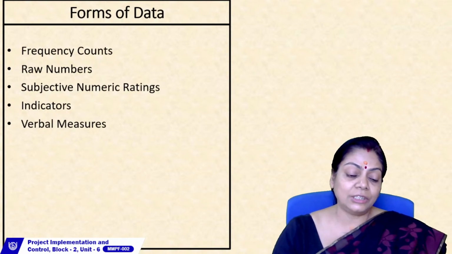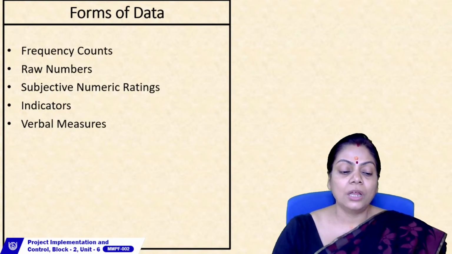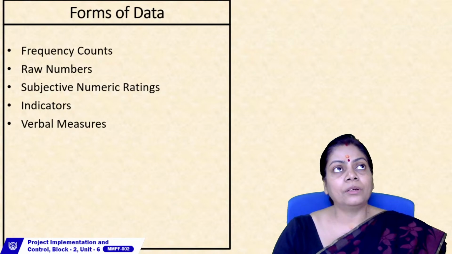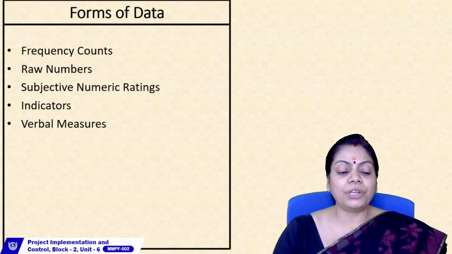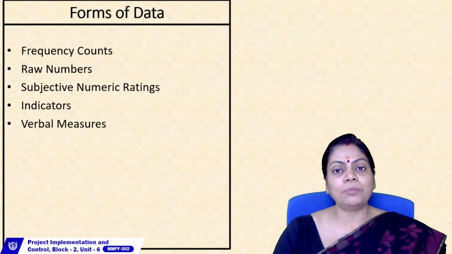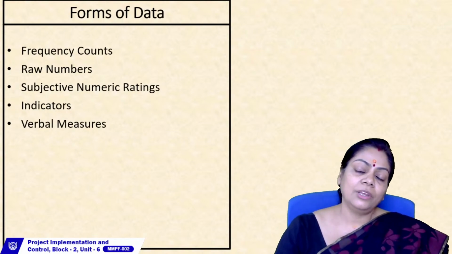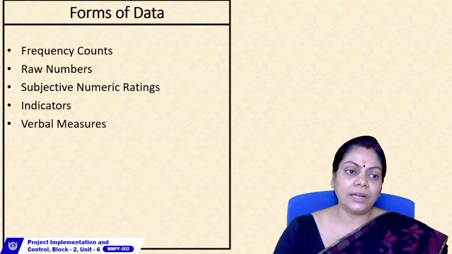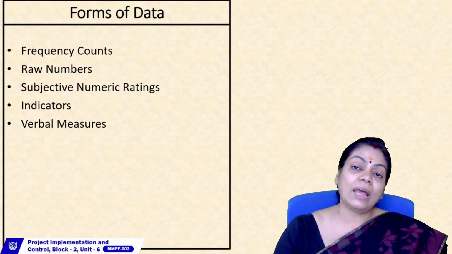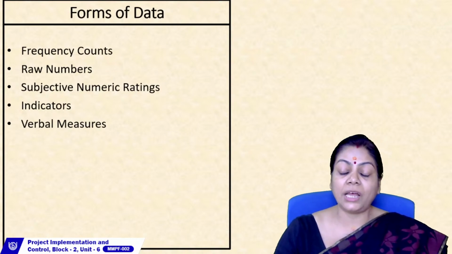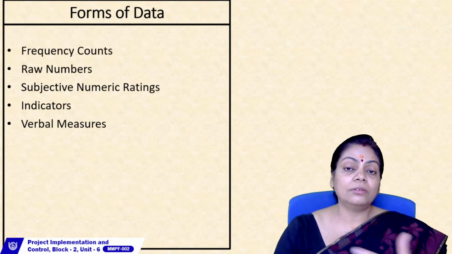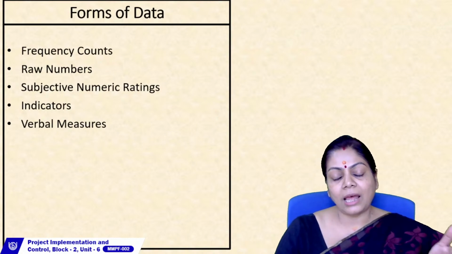Then, lastly, you can have verbal measures. For example, you can talk about the quality of team member cooperation. This can be a verbal measure. You can give grades like outstanding, excellent, good, average. Then you can talk about the morale of the team members, how motivated they are, or the kind of interaction they have with the client.